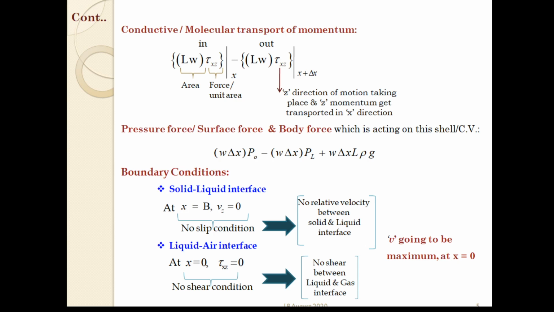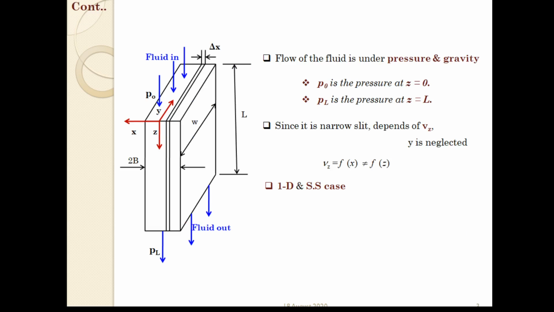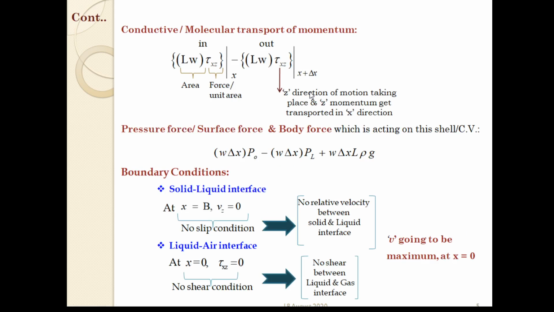So at x equals to b, the velocity in the z direction will be 0. Now what is b? b is the distance between these two narrow slit walls. So x equals to b means it is at the interface of the solid narrow slit wall, the solid and liquid interface.